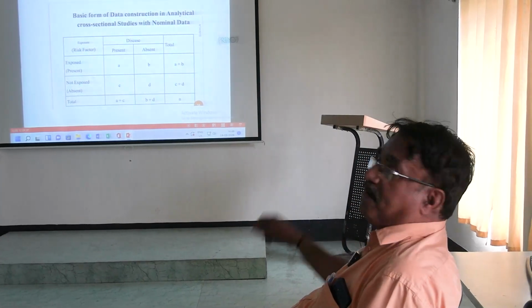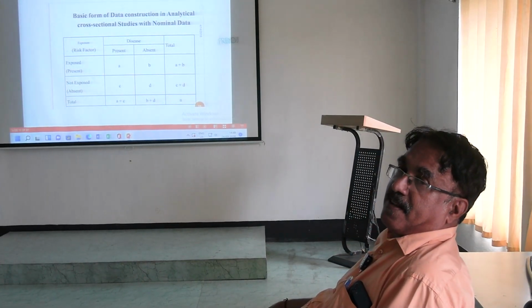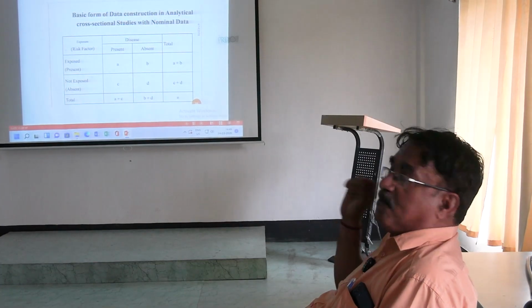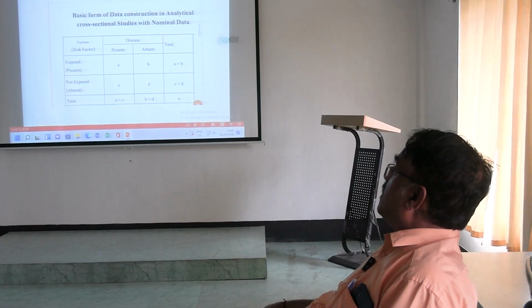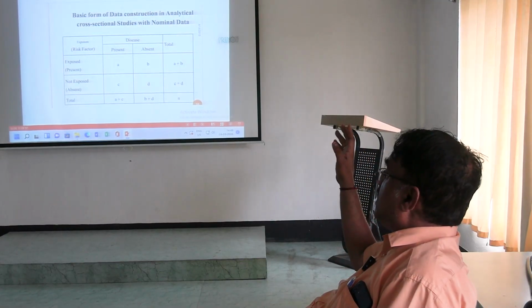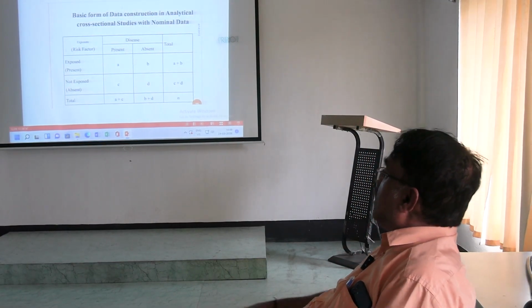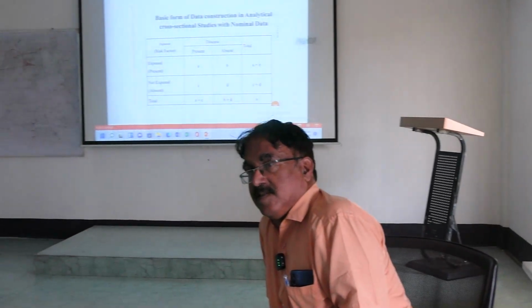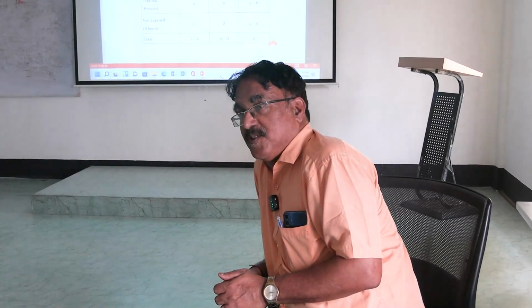Now you look at this and tell me how many people are suffering from the disease. A plus C. Yes, A plus C is the people suffering from the disease. Now you tell me how many people are exposed to the risk factor.